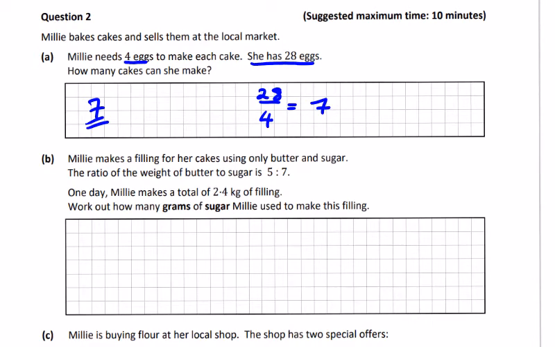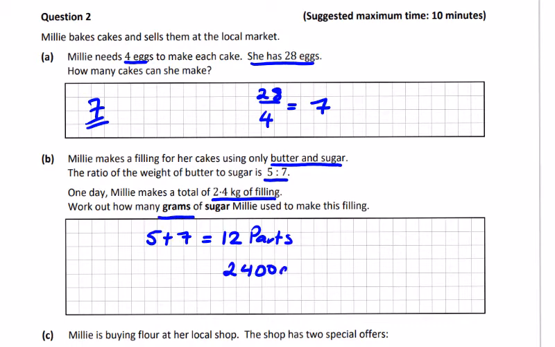Millie makes a filling for her cake using only butter and sugar in the ratio 5 to 7. And one day, Millie makes 2.4 kilos of filling. So a ratio question, 5 plus 7, there's 12 parts to the mix. If she makes 2.4 kilos, we'll convert that to grams, because we're seeing grams here. 2,400 grams divided by 12 gives 1 part, 200 grams.